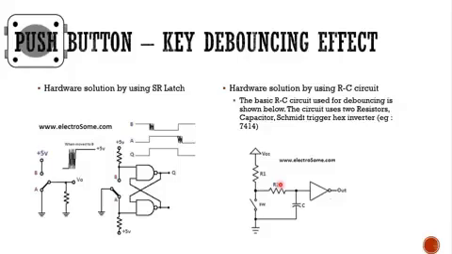So the first one is connecting to an SR latch circuit. You can see here it consists of two NAND gates, and we have two inputs here. The switching bouncing effect comes from A and B, whereby A is the starting and B is the ending.